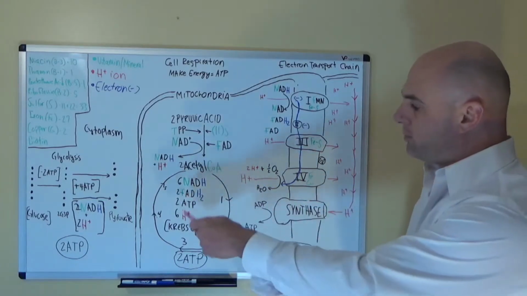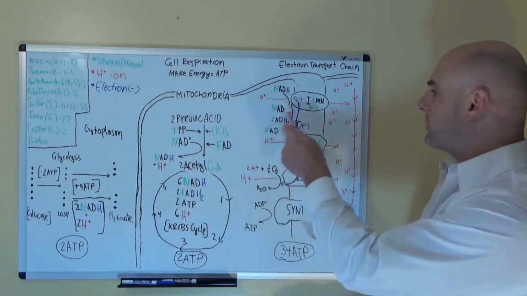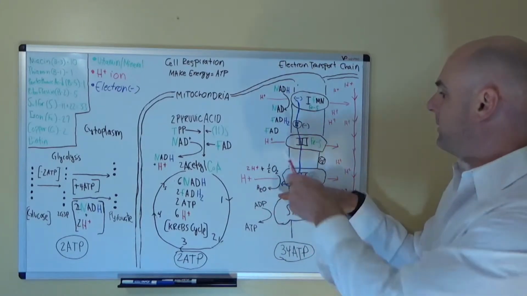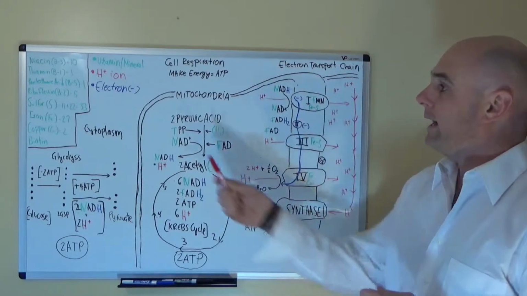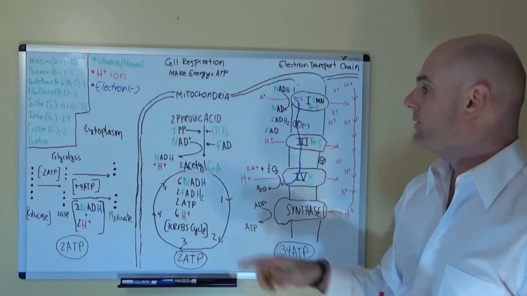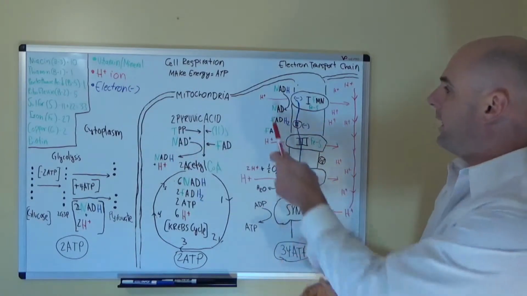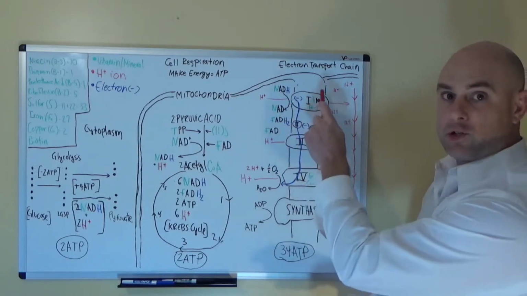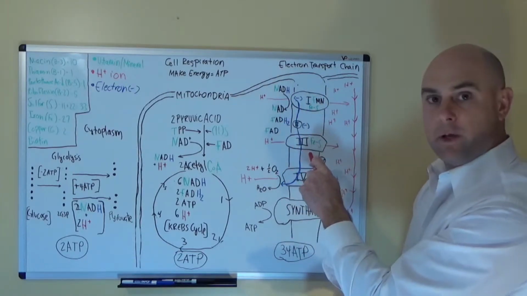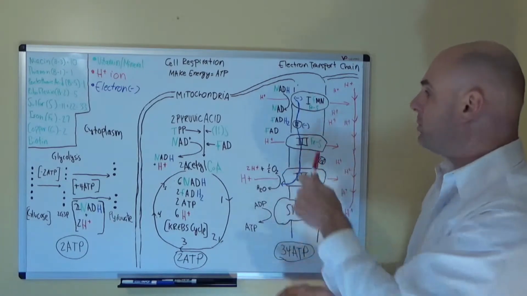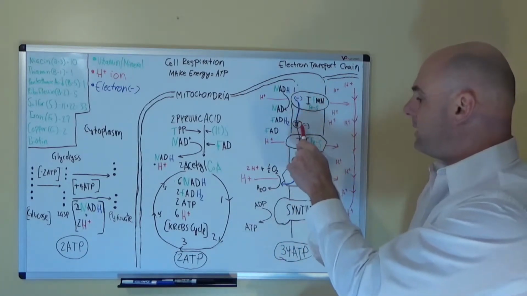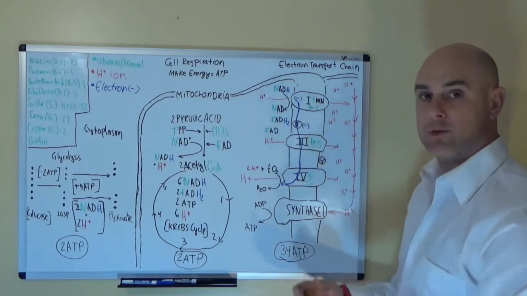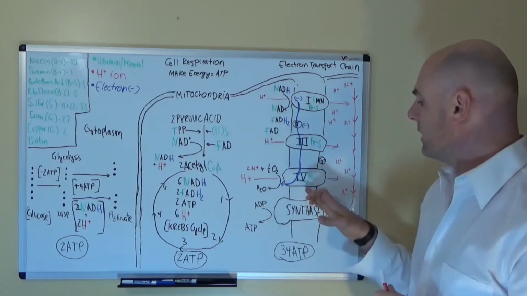Okay, so all the protons in red, like I said, are being ferried across these carrier proteins up here, and all these electrons that you see in blue are entering these same areas, but they're traveling down the middle of the fat-soluble membrane area by iron and sulfur and flavin, or from riboflavin, and copper.